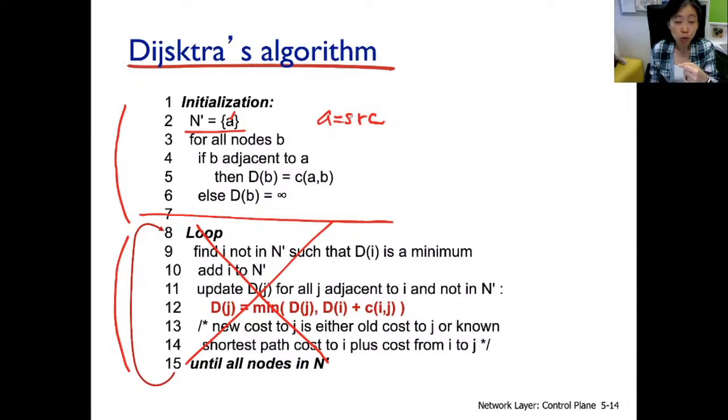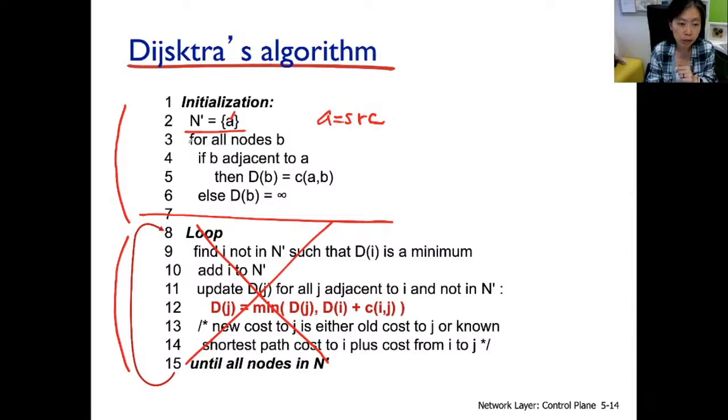Now if the source A is also the destination, it's trivial, isn't it? We just don't send it down, we send it to 127.0.0.1, the IP address for the local host. So we can initialize N prime to just the source node safely.